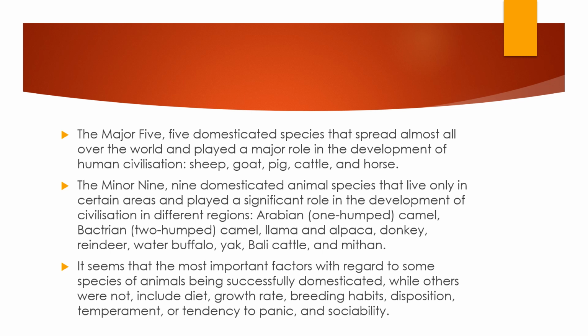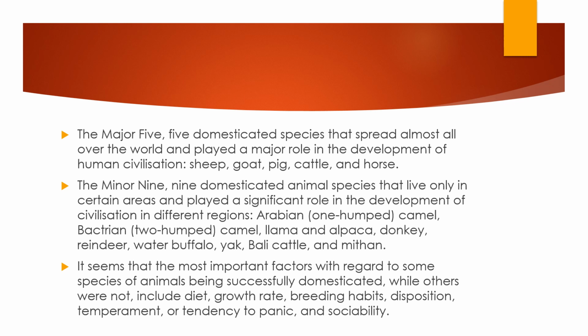The minor nine domesticated animal species that live only in certain areas and played a significant role in the development of civilization in different regions are things like the Arabian one-humped camel, the Bactrian two-humped camel, the llama, the alpaca, donkey, reindeer, water buffalo, yak, Bali cattle, and mithun.